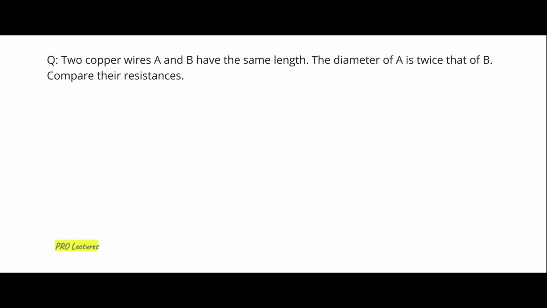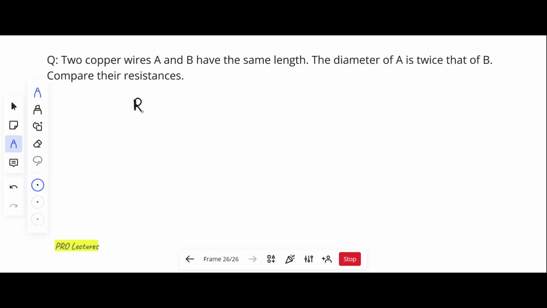Let us now look at a practical example. Two copper wires A and B have the same length. Diameter of A is twice that of B. Compare their resistance. We know that RA is equal to rho L by pi rA square. Similarly, resistance of B is rho L by pi rB square.